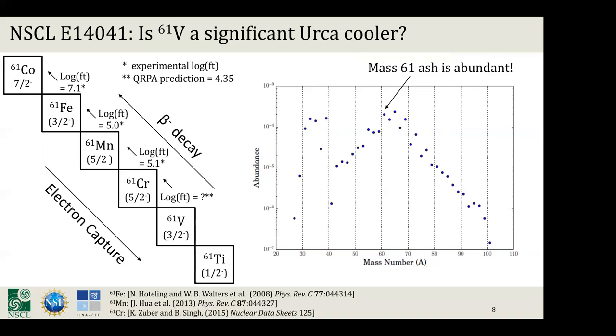I should mention that the QRPA prediction for this transition is extremely strong. It is 4.35, which doesn't mean anything by itself, but it's a very strong transition, and I will show later a plot that demonstrates how much stronger it is compared to the other transitions in the same mass chain.